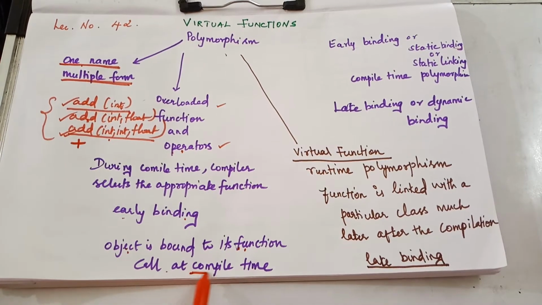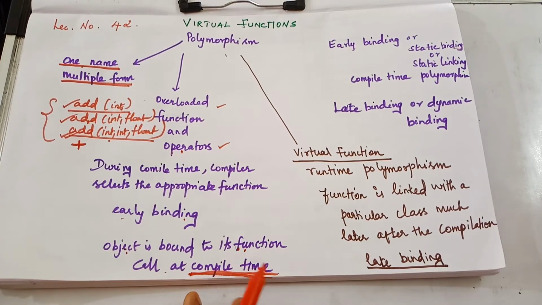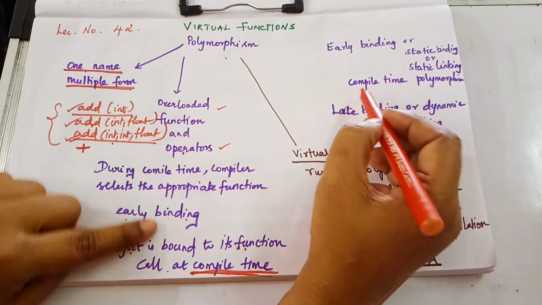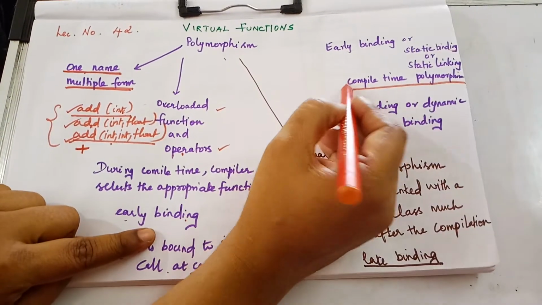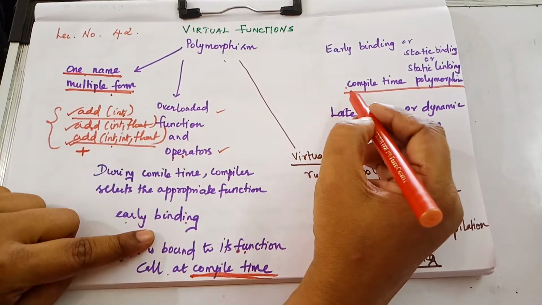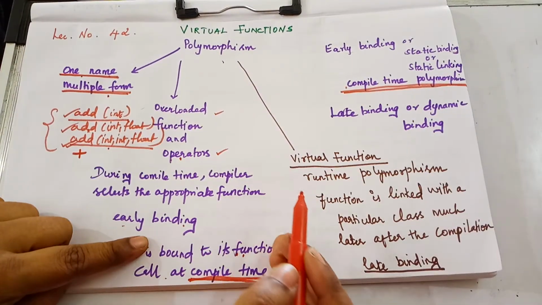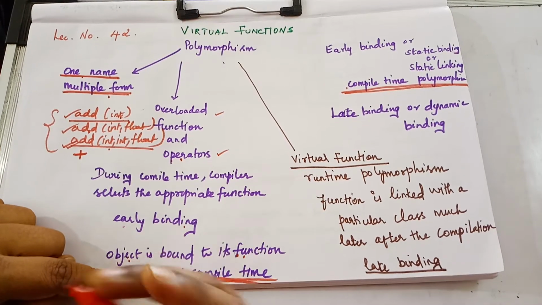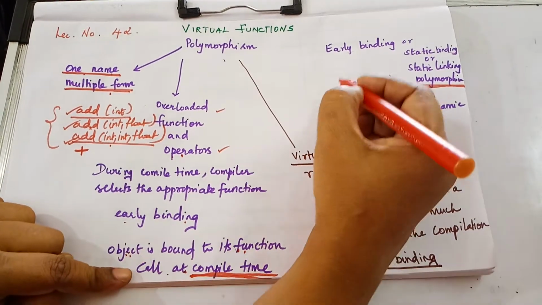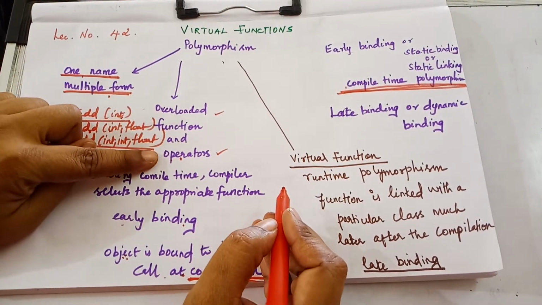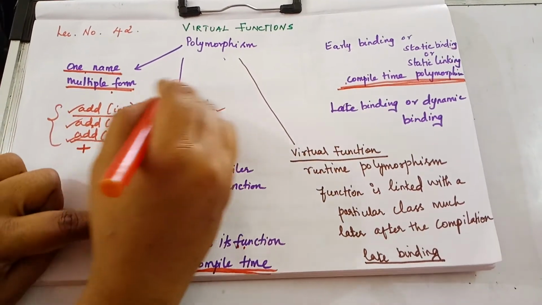This category, which has one name in different forms, is called compile time polymorphism. Overloaded functions and overloaded operators all come under this category.